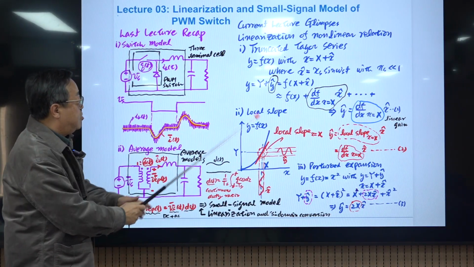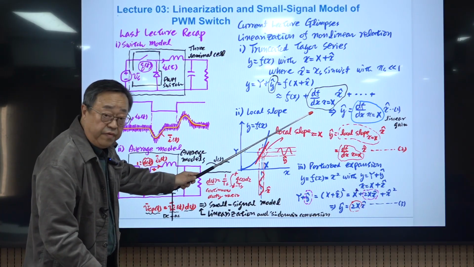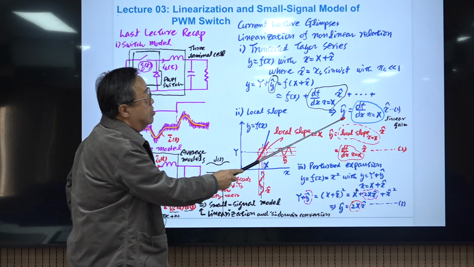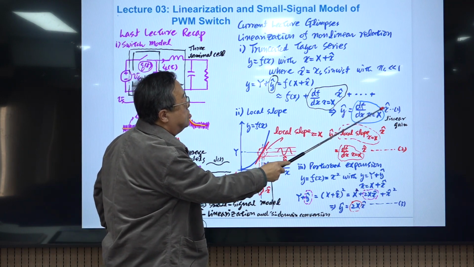Then you just take this one and equate the two expressions like this. This can be considered the input.